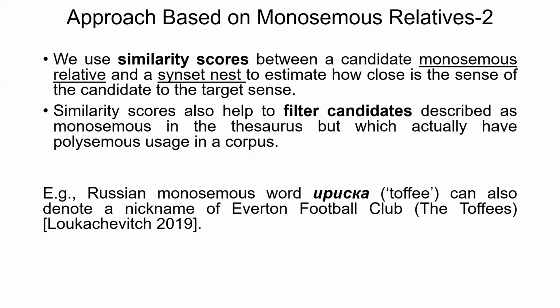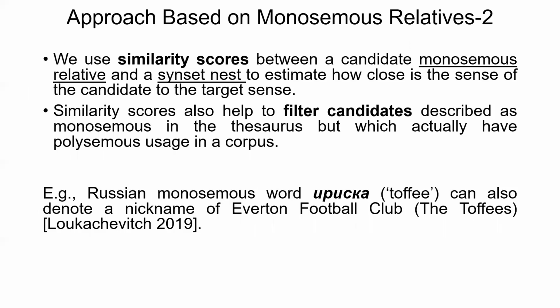Another important part in our selection algorithm is the similarity score. We utilize similarity scores between a candidate monosemous relative and a synset nest to evaluate how well this candidate can represent the sense of an ambiguous word.